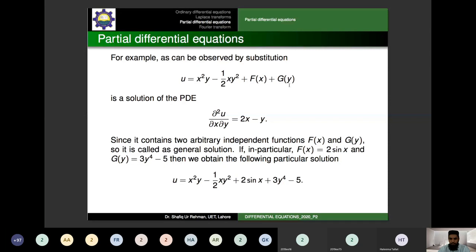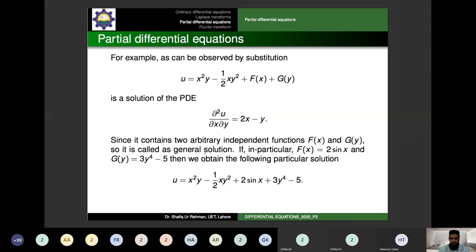So u is going to be a solution, since behind the scene we will have an equation of this form. It's second order, so we have as many arbitrary independent functions as the order of the equation. So we say that this one is going to be a general solution of that equation, since it contains two arbitrary independent functions f and g. So it is called a general solution.